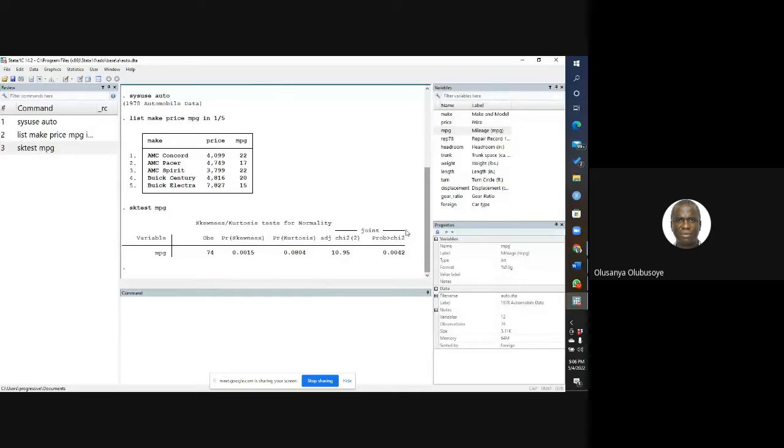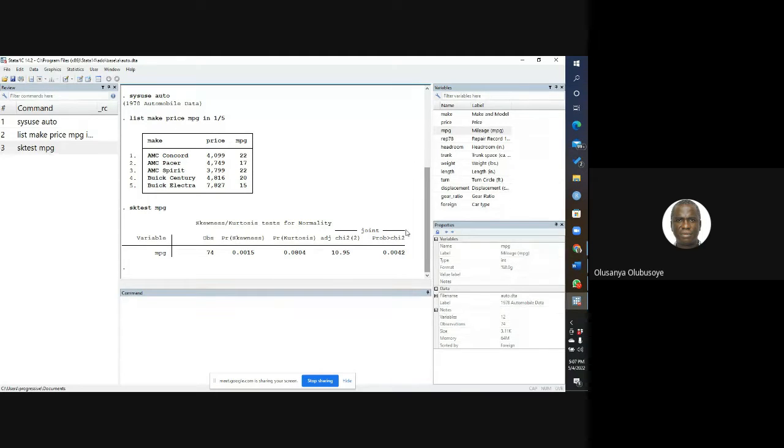The null hypothesis is the hypothesis that says the MPG is normally distributed. The alternative is the one that says it is not normally distributed.